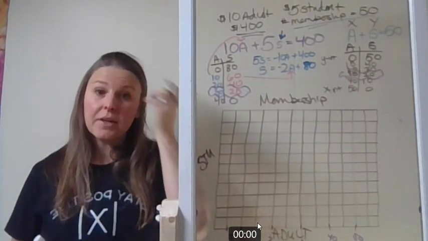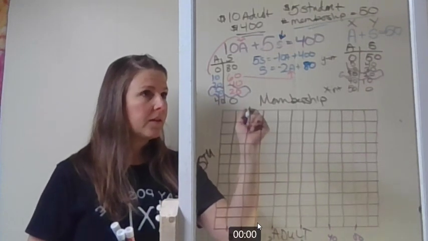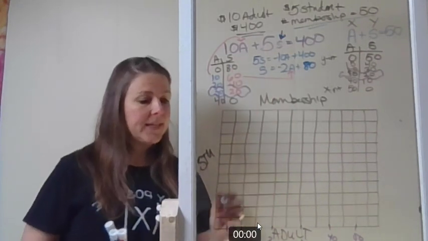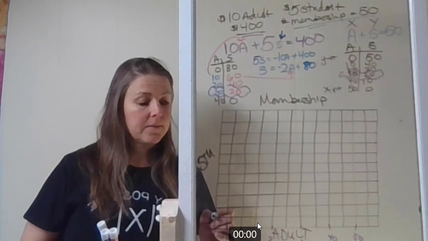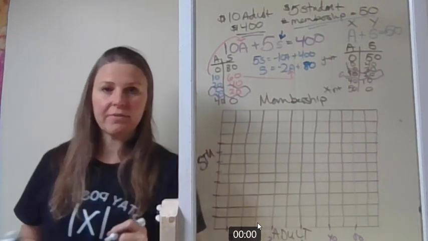And then what would be a good number to count by on the y-axis? We need to get up to 80, so my graph is smaller.